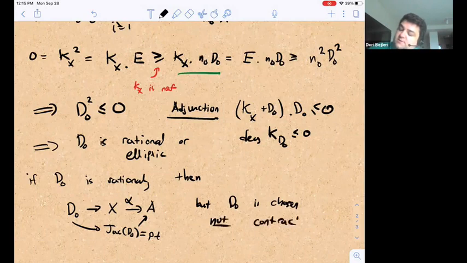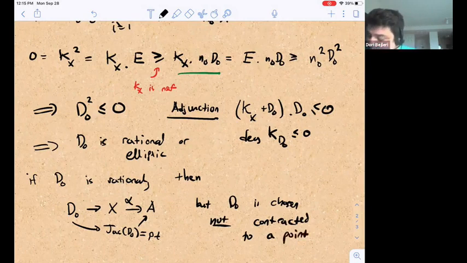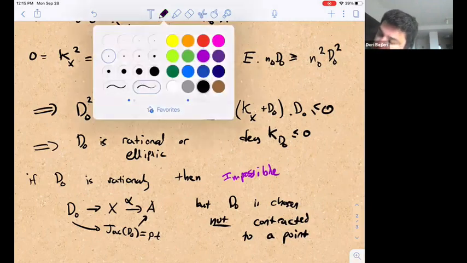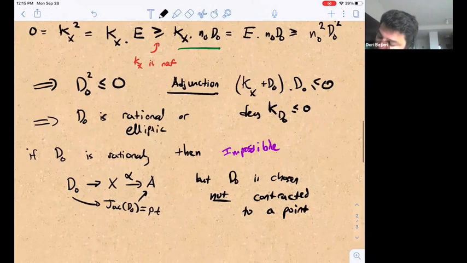So it actually has to be an elliptic curve. Okay, so this is impossible. So d0 is an elliptic curve.